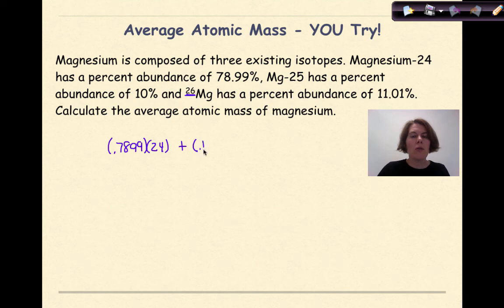So 0.10 times 25, plus, and then magnesium 26, because again that's an atomic mass, has a percent abundance of 11.01%. So I'm going to again change that percentage into a decimal like this, multiply it by 26.